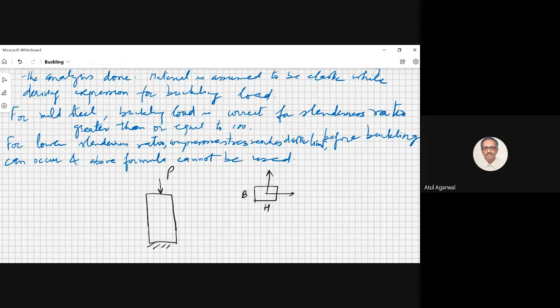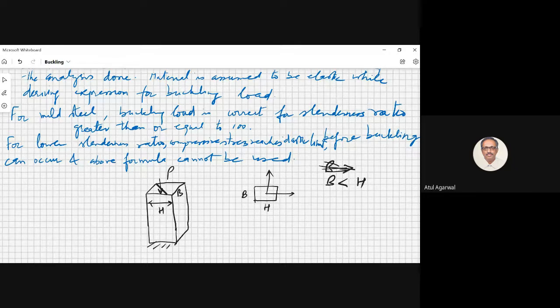Suppose you call it B and H. Now if B is greater than H, sorry, B is less than H as it is looking. How will the column buckle? That is a question. Now what we are saying is suppose this is your H, this is your B.